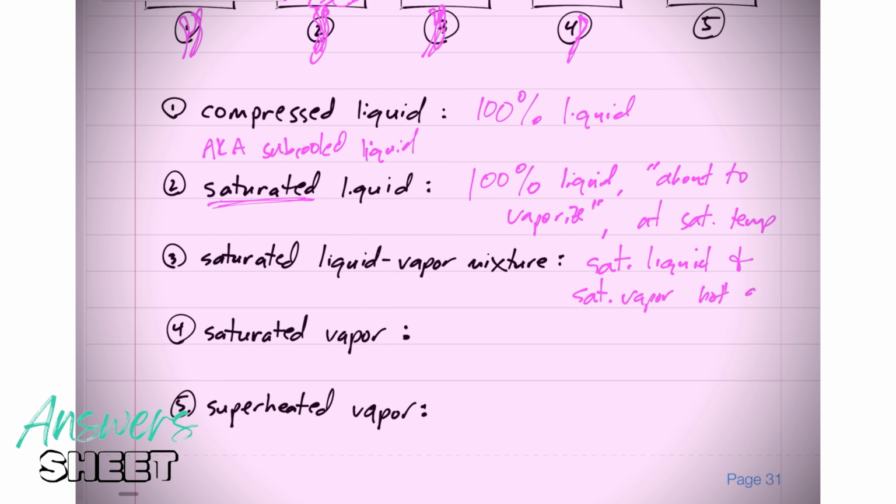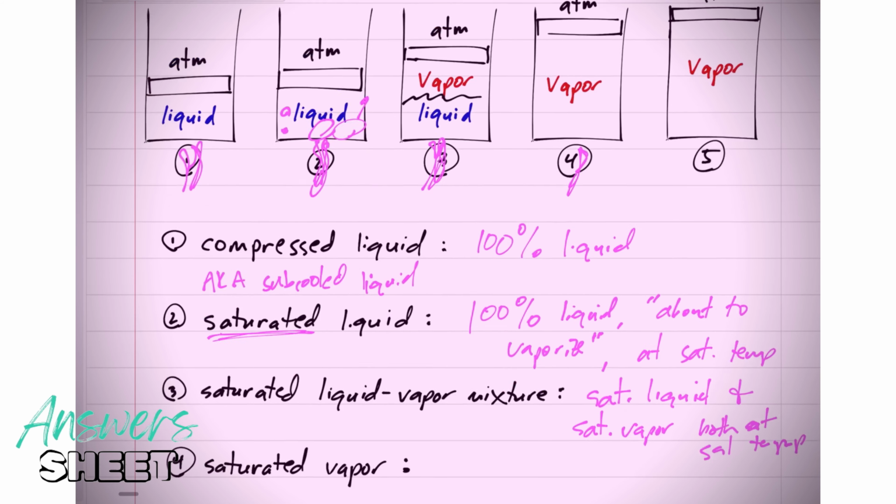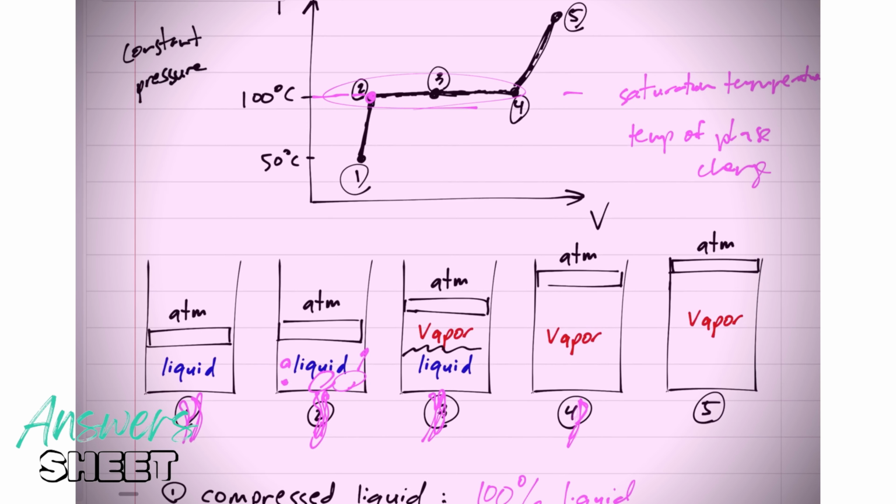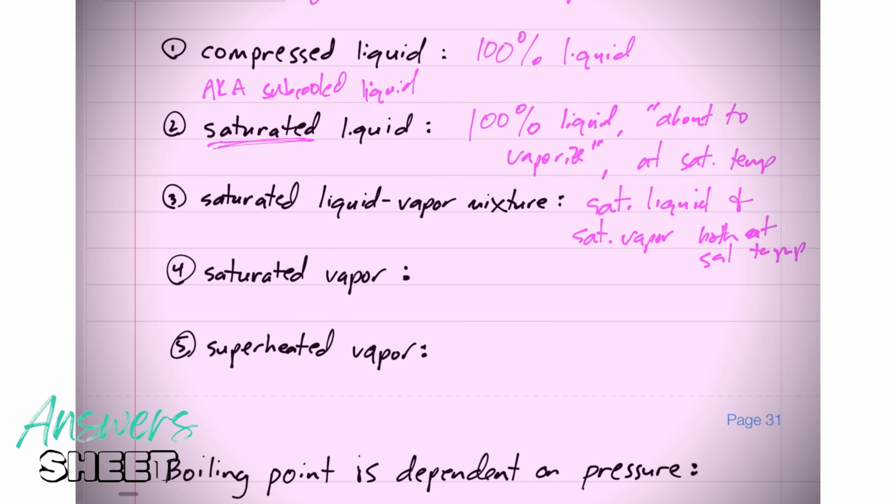Both of them are at the saturation temperature. Saturated liquid and saturated vapor both are at the saturation temperature. All right, and then when it gets to 0.4, which is still at saturation temperature, it has 100% converted to gas.